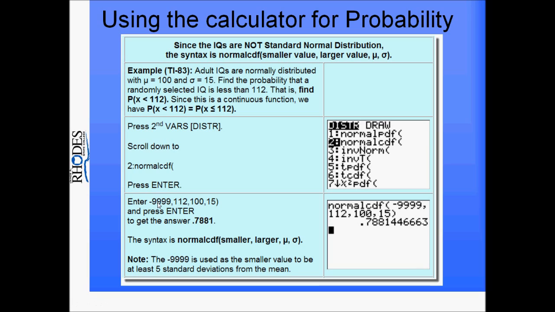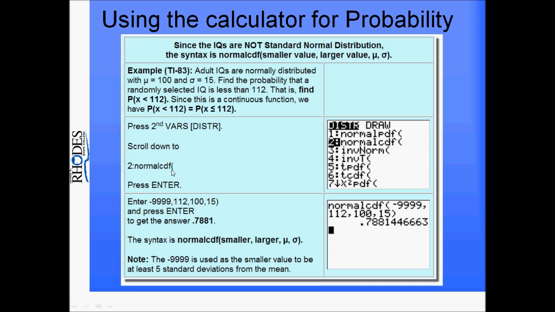I would highly recommend typing negative 1E99 instead, and you'll get a more accurate answer. Not that this one will be off by much, but it's a way to be more precise.